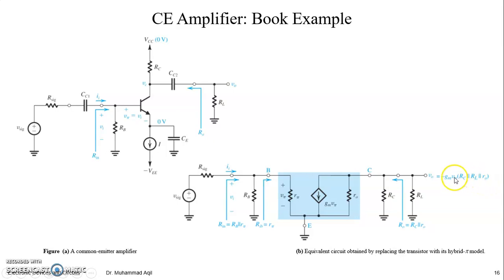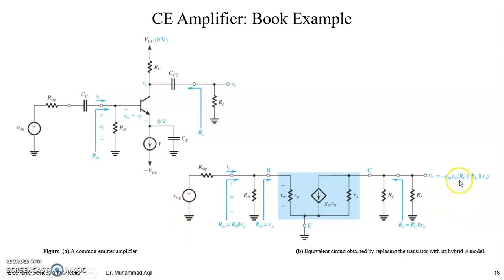When you put V pi instead of V in, luckily V in would be the same as V pi. So this is your AV naught relation: minus GM RC parallel to R naught. Your AV relation is including RL, so just bring this V pi down: minus GM RC parallel to RL parallel to R naught. It would be your AV relation, right?